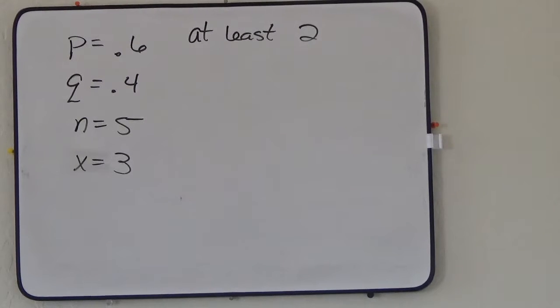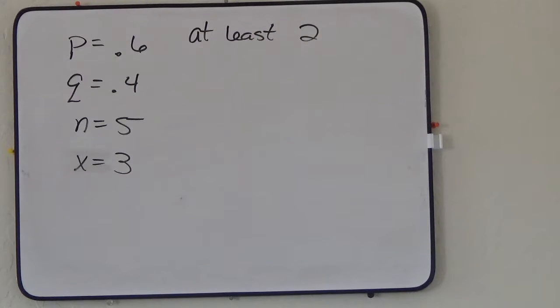You would have to do that same formula for 2, 3, 4, and 5 and get those different answers and then add them together. Or you can do my way, which will be a little bit shorter, and that's to first find the complementary, which is the opposite of that, and then subtract it from 1. I'm going to do that because that's going to be easier.